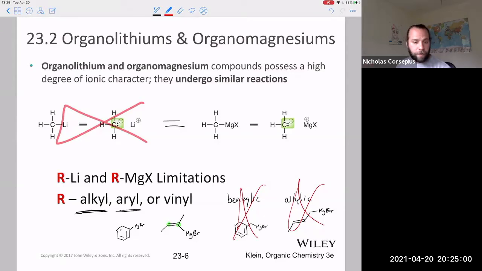So the only time that you're going to use an organolithium is in order to prepare a Gilman. Okay, or to prepare some other sort of step. You would never really use it in practice in place of a Grignard, but let's say that you do get such a question thrown at you on the Wiley Plus, you can keep this in mind that the organolithium will undergo the same reactions as the Grignard.